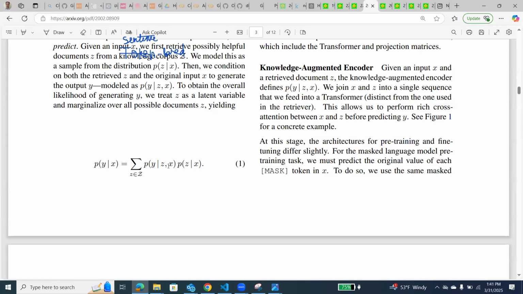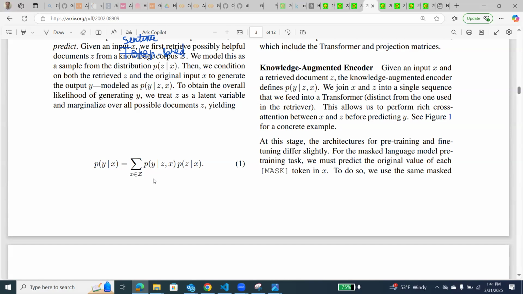The first probability, of the output given prompt and document, is the generation from our large language model, but using as prompt also the document Z. And then they marginalize this with respect to documents, but of course in practice they use just a mini batch, just several documents instead of all possible Z here.